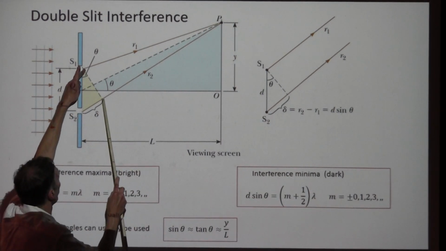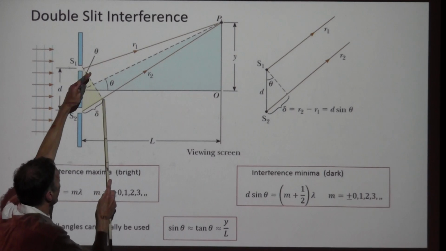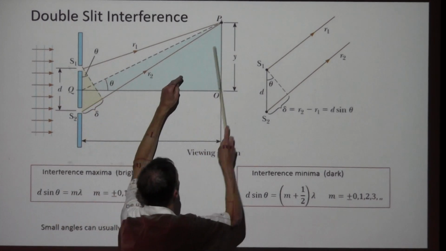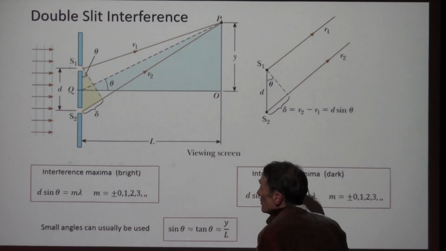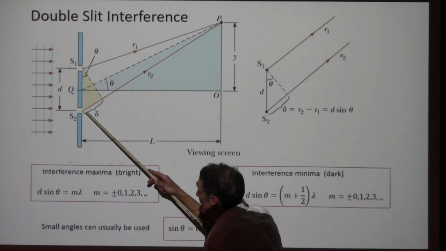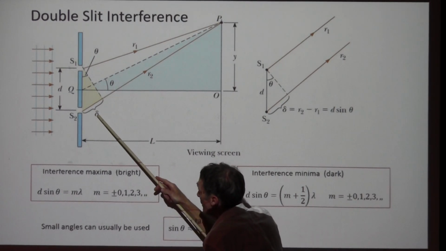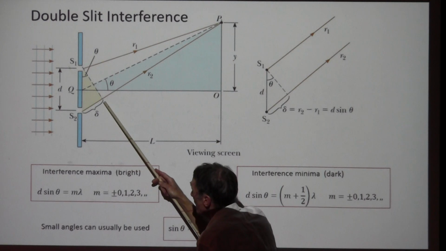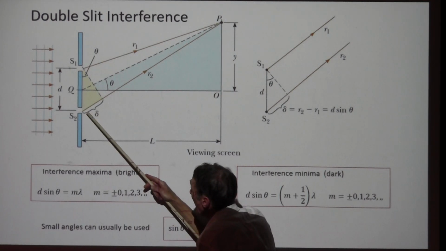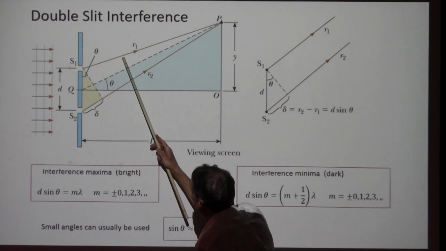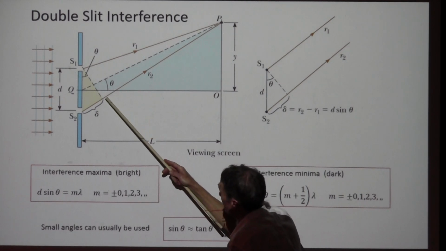If the waves are out of phase at this point, they will be out of phase when they get up here. So this, what we call the path difference, lowercase delta of the Greek alphabet, will be this path difference between this path and this path.